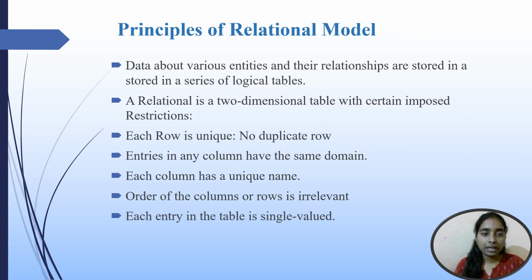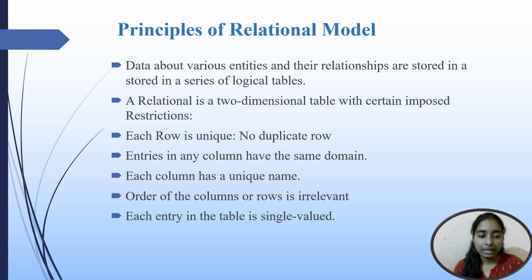In this slide we can see the principles of the relational model. The data about various entities and their relationships are stored in a series of logical tables by using rows and columns. A relation is a two-dimensional table with certain imposed restrictions.